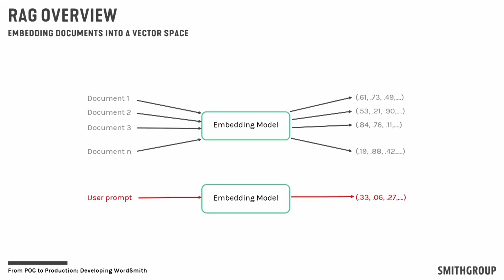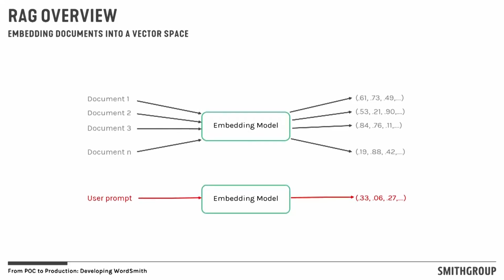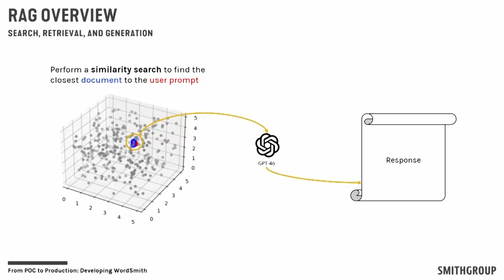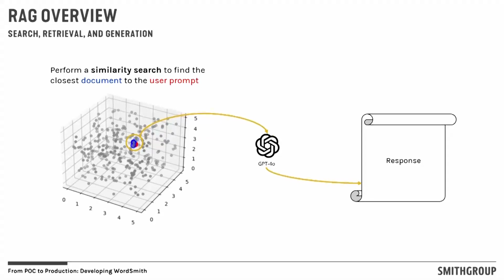Then similarly, that user prompt goes through that same embedding model, also gets vectorized, and gets associated with a single point. If you're like me and you think spatially, our simple human minds can't think in 1,500-dimensional space, so this is an abstraction of what that looks like in a very simple way. You can think about those gray points as all of the documents that exist in that parameter space, and that red point is the user prompt.